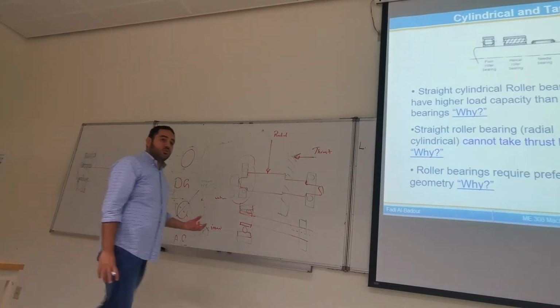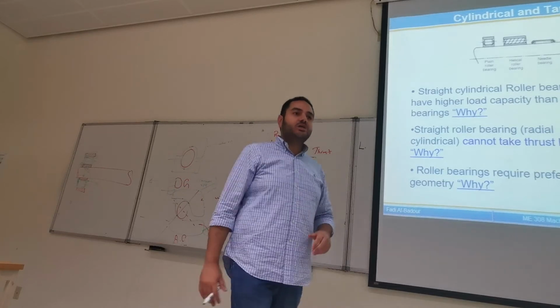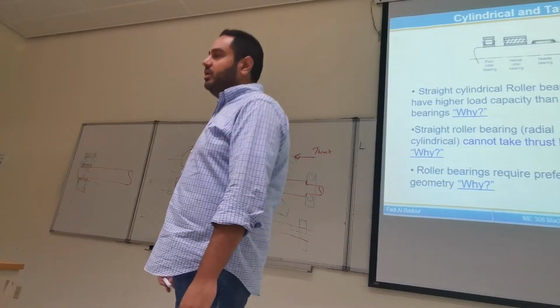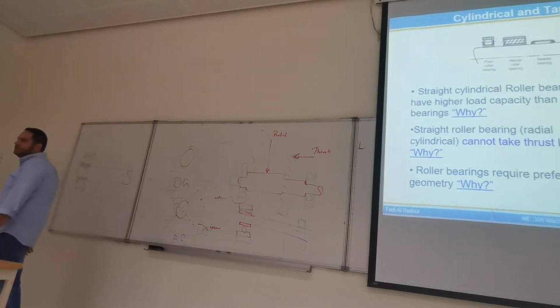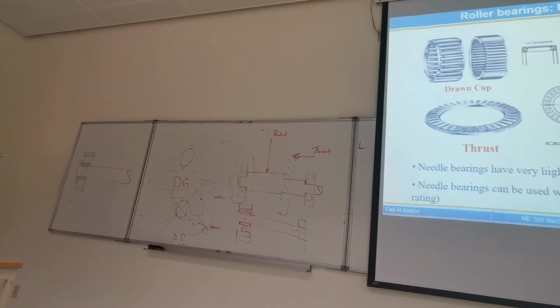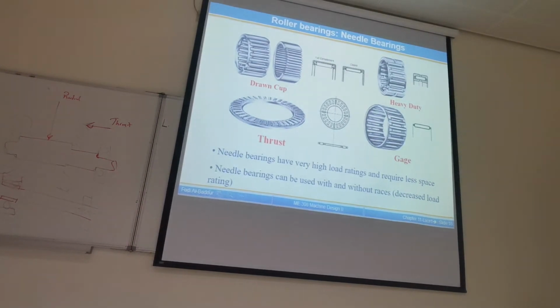And at locations where we have high radial load with zero thrust load, it's a wise decision to utilize the cylindrical roller bearing. Why? Because with a small size, I can hold the load.